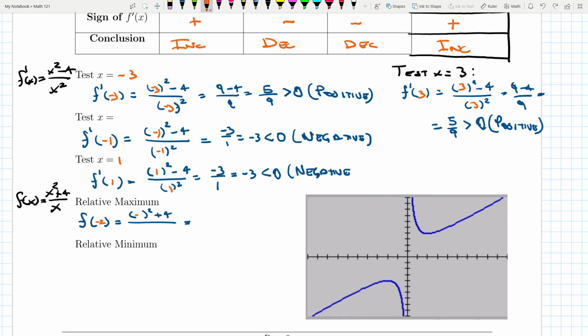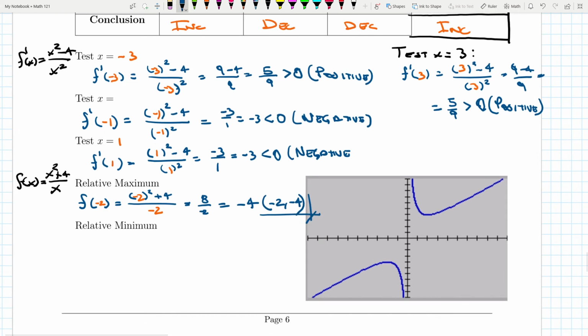These are too tiny. Let's simplify. So -2 squared, which is 4, plus 4, that equals 8, divided by -2, that equals -4. So the ordered pair will be, the relative maximum will be -2, -4. Okay, so that's the rel maximum.